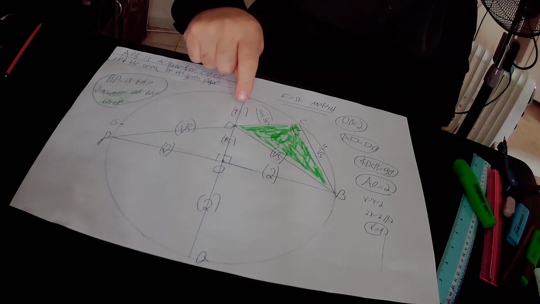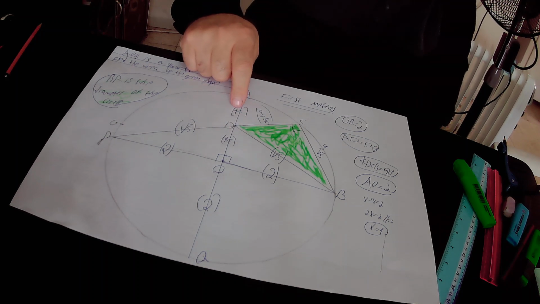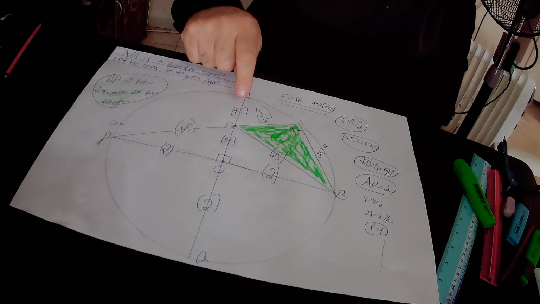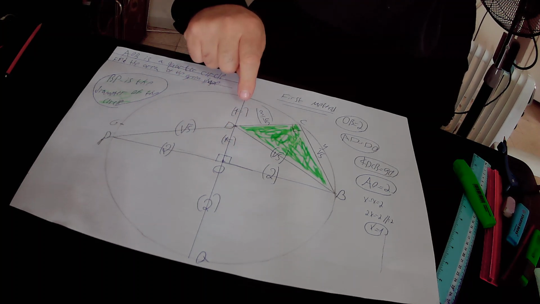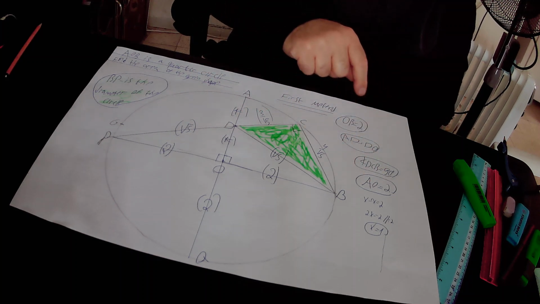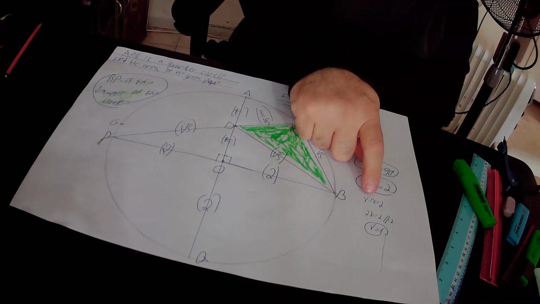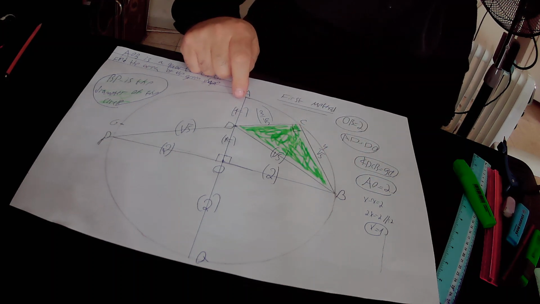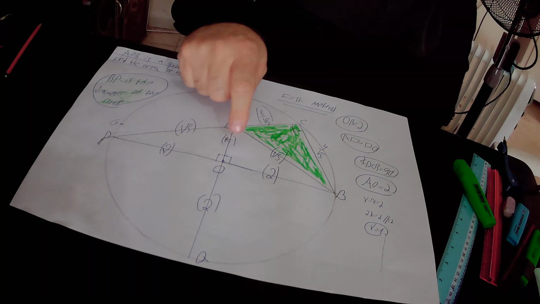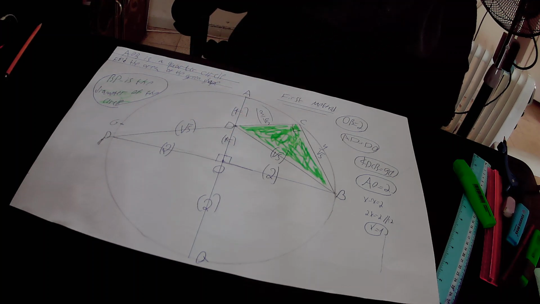We know that AD equals DO, so if we define AD as x, then DO must also equal x. So x plus x is AD plus DO, that is AO. AO is 2, so x plus x equals 2. X plus x is 2x, so 2x equals 2, therefore x equals 1. AD equals x equals 1, and DO also equals x equals 1.